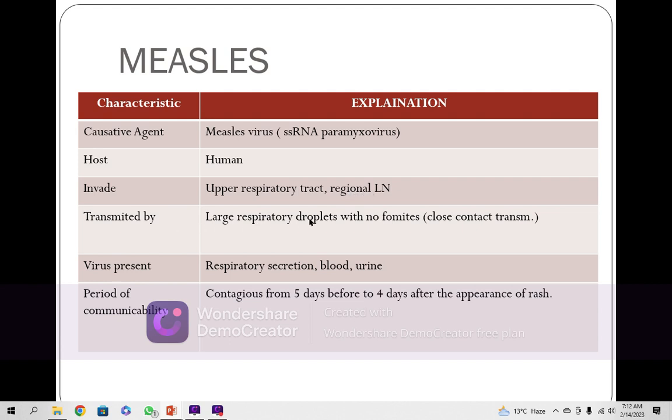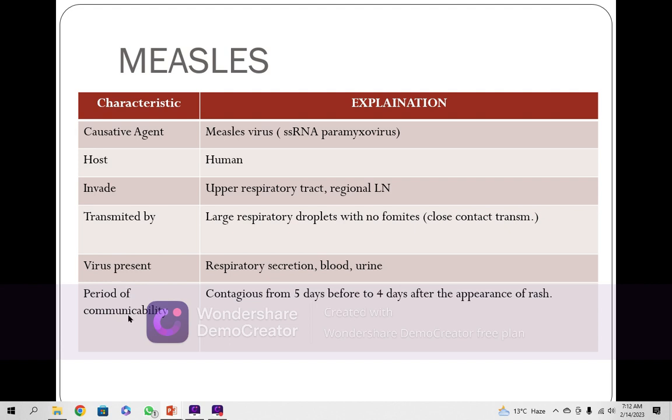Transmitted by the large respiratory droplets with no fomites, close contact transmission. Droplet infection. Virus present in respiratory secretions, so infective to the others, and blood and urine.